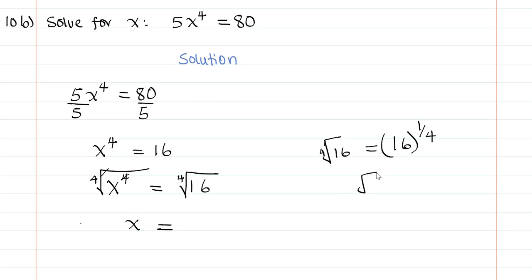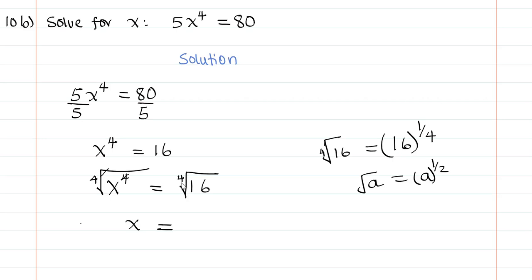Just like the square root of a number, maybe a, is just the same as the half power of that number. So the fourth root of 16 is 16 raised to power 1 out of 4. Remember, if you are taking the nth root of a number, and the nth root is an even number like 4, I'm not meaning 16, I'm talking about the root number.